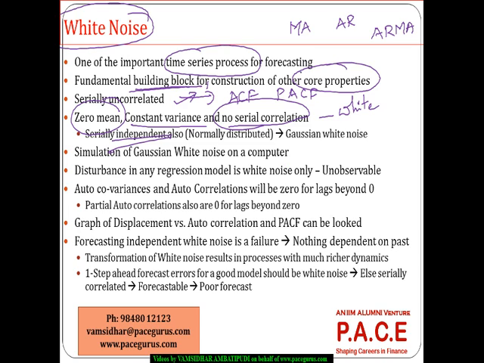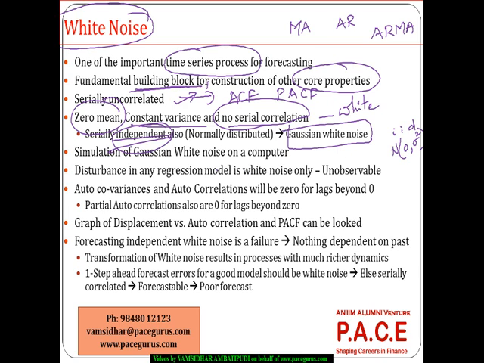Then we call it a Gaussian white noise or a normal white noise. But in some cases, it need not be normally distributed, which means it need not be independent. If it is independent, we can even call it IID, a normally distributed white noise with a mean 0 and a variance equal to sigma squared, which is constant, right?